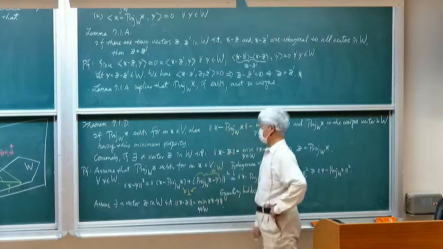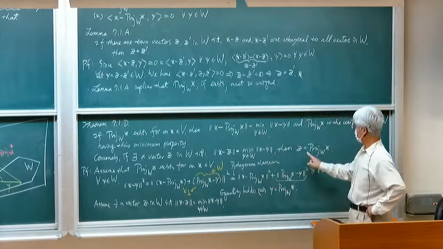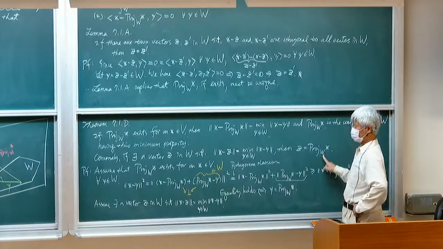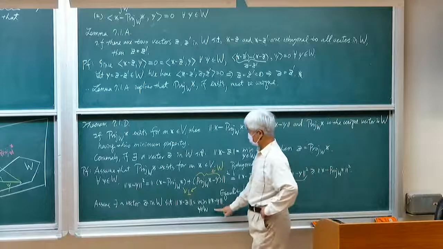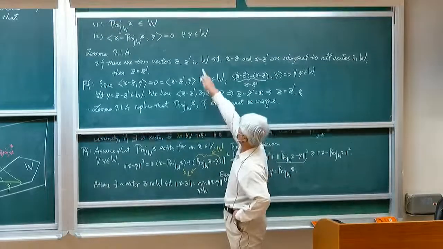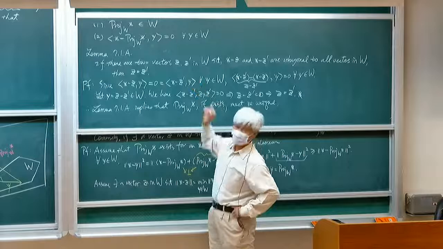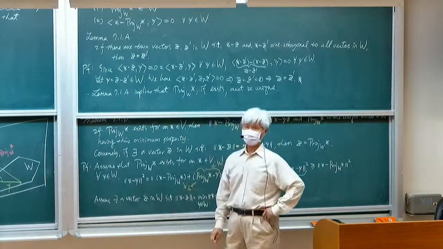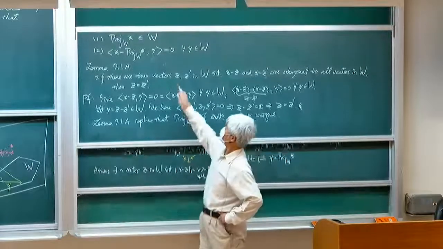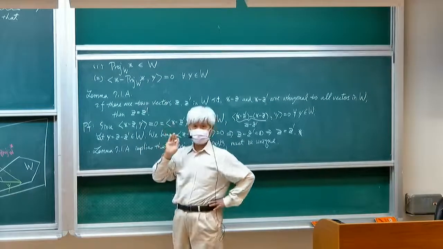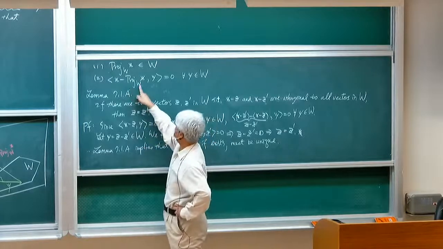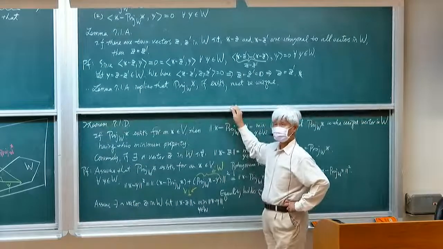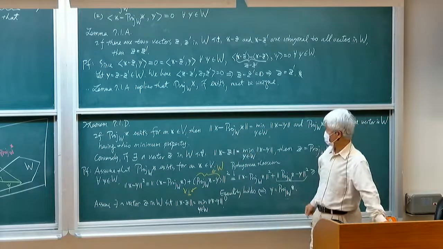Okay, and we want to show that z is the projection of x onto W. Means that we want to show that it satisfies these two properties. But the first one is already satisfied. Why? Because here we say z is in W, right? So z is in W. So the only thing left is to show x minus z is orthogonal to every vector y in W.